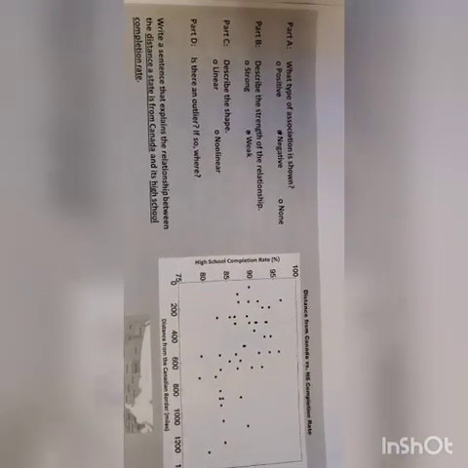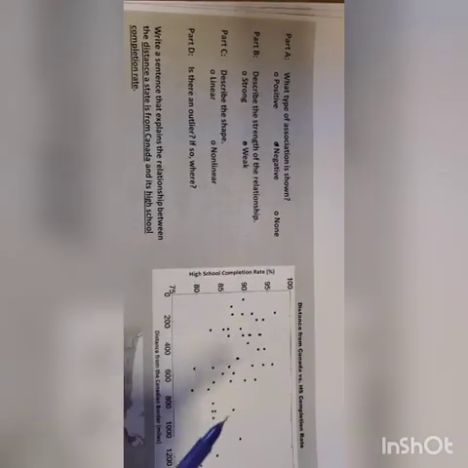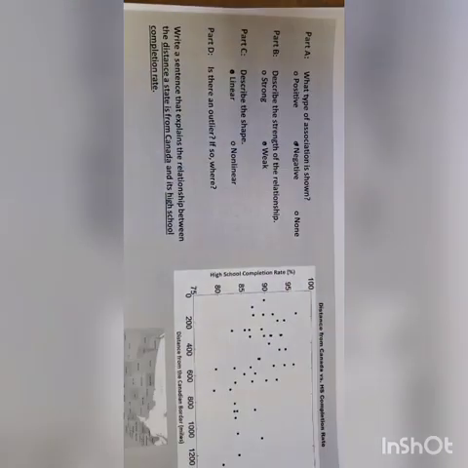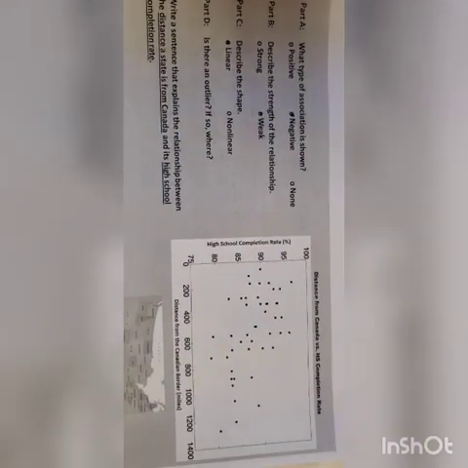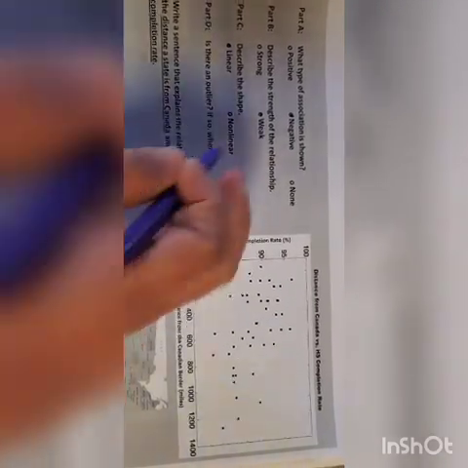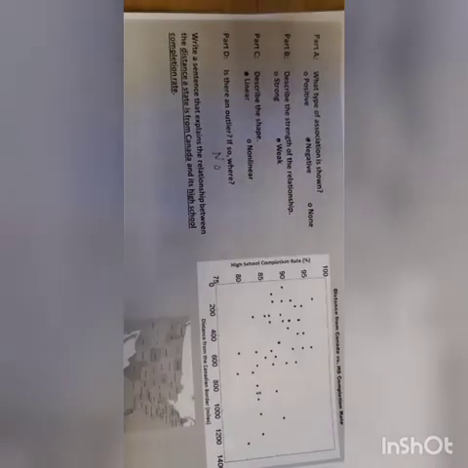I know this is not a linear relationship, but we don't see any curves anywhere, so we're going to call this linear. Now, if there is an outlier, I am not able to see that because this is such a weak relationship, so I'm going to say no, there is no outlier.